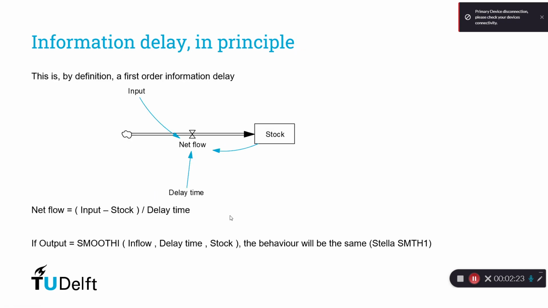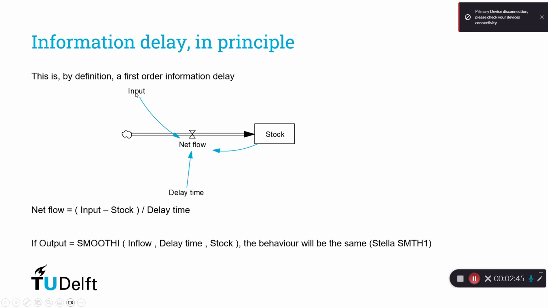Now, an information delay has a slightly different structure, and by definition it's defined as follows. We have an input and we have a net flow. The net flow is defined as the input minus the stock divided by the delay time. So instead of having an inflow and an outflow, we have an input, we have a net flow, and we have a stock.